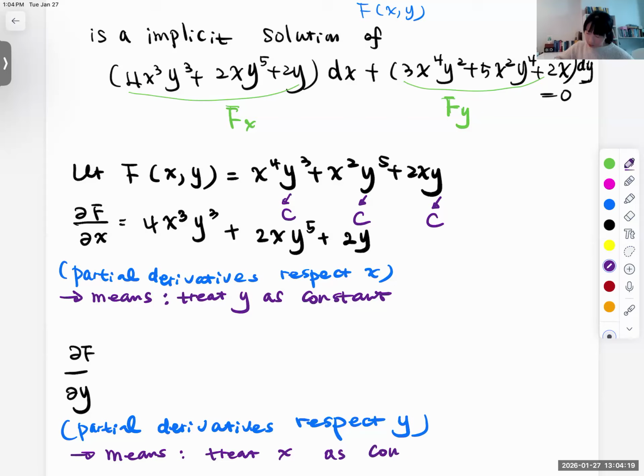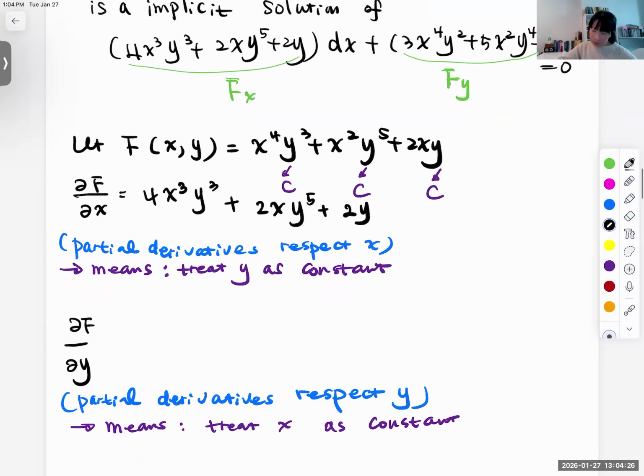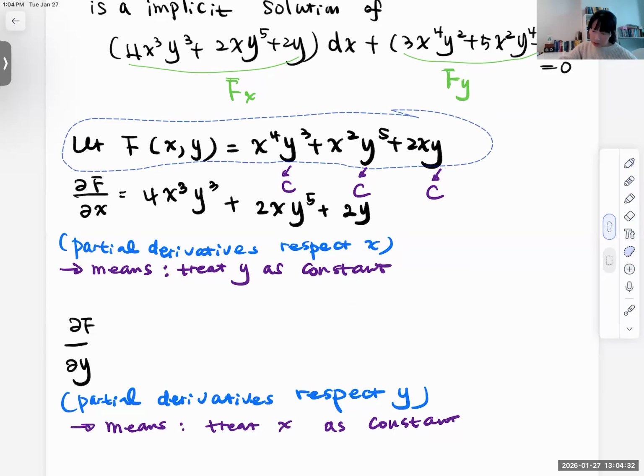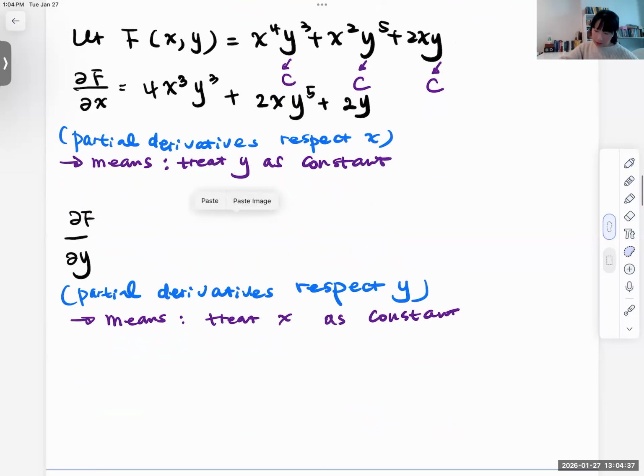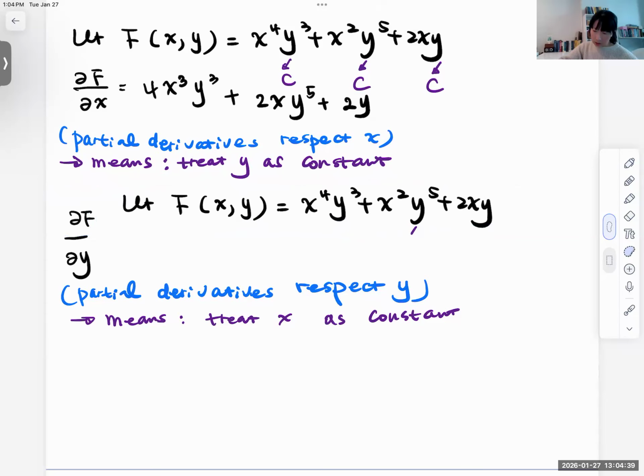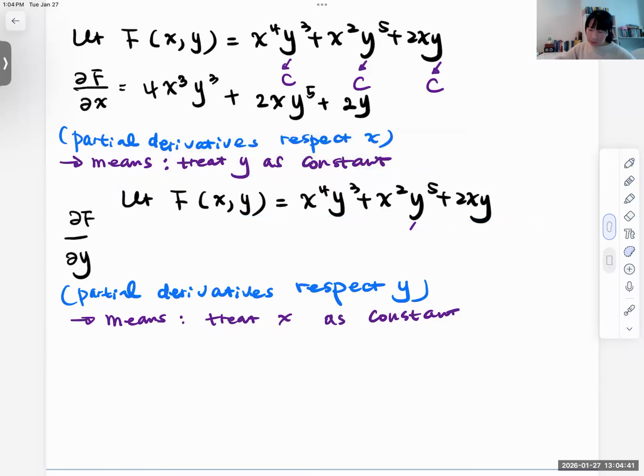Yes, constant. All right. Let me rewrite this one. Okay, so this is a constant, this is a constant, this is a constant, right?